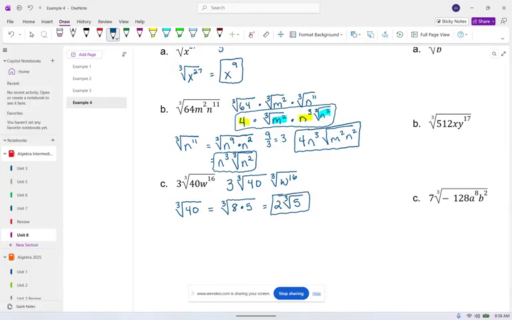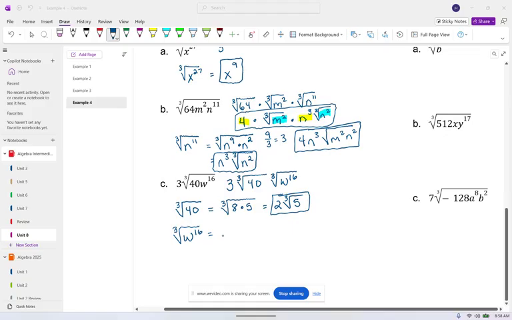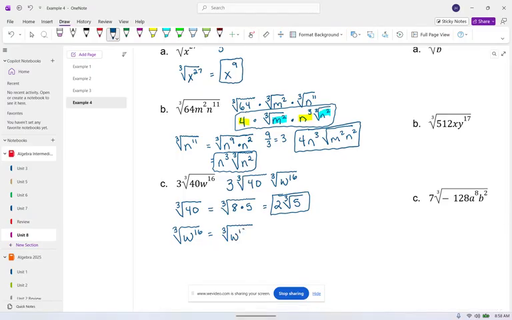Now we have the cube root of w to the 16th. Again, we're looking for the largest multiple of 3 that is less than 16. So 3, 6, 9, 12, 15. So we're going to do the cube root of w to the 15 times w.